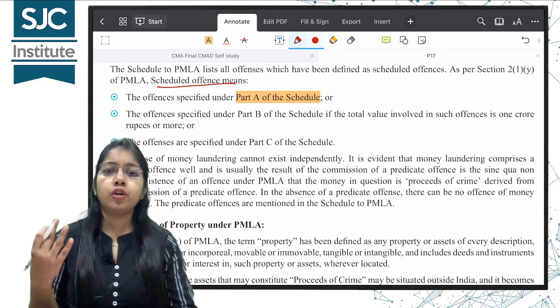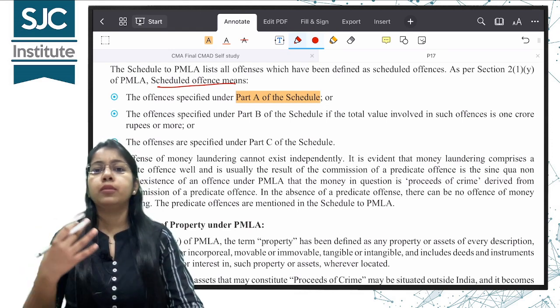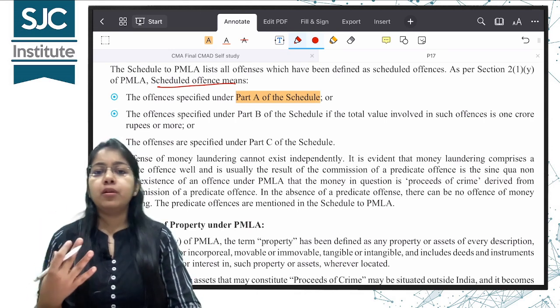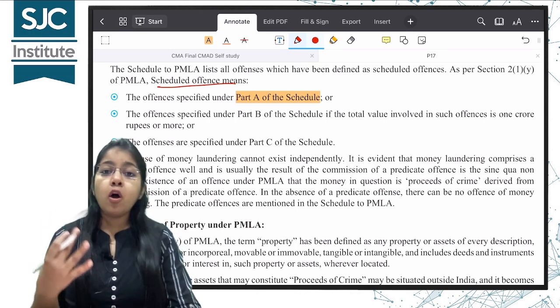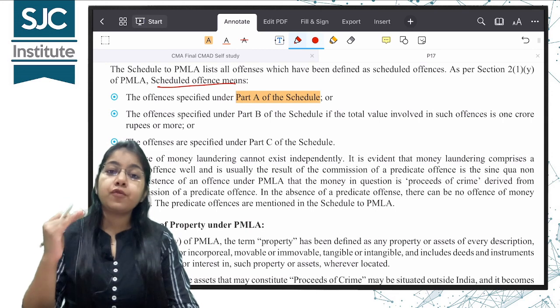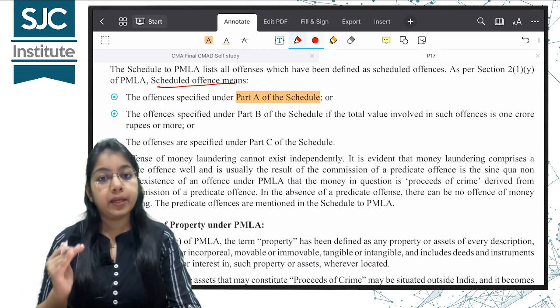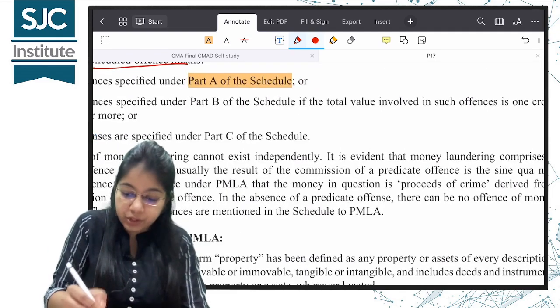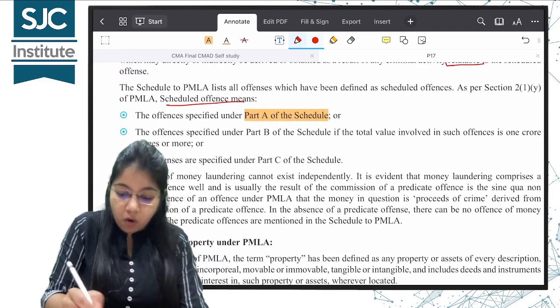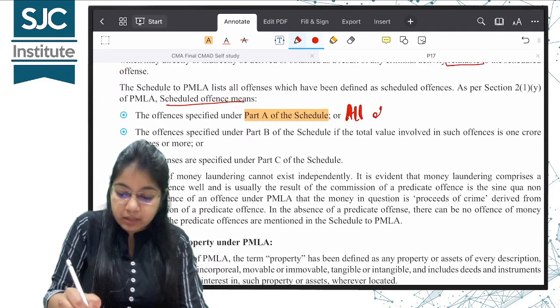Then your human trafficking, prostitution, child labor, labor laws, all these certain offenses from all these acts have been included in part A. All types of major crimes that you can think of.